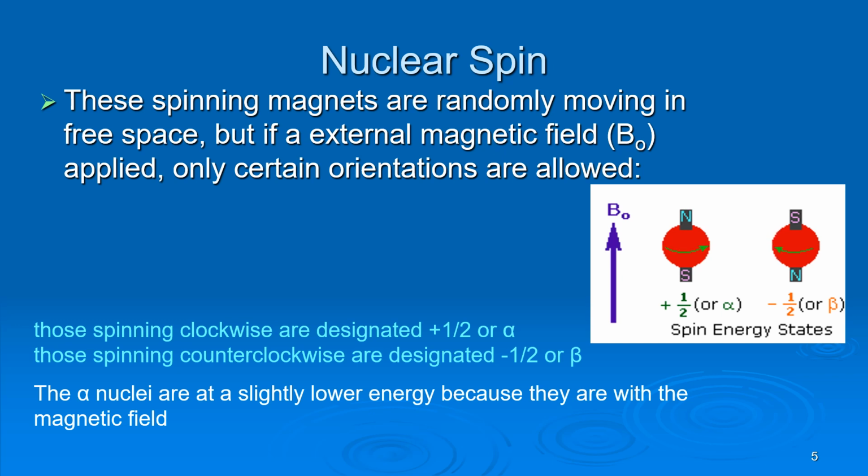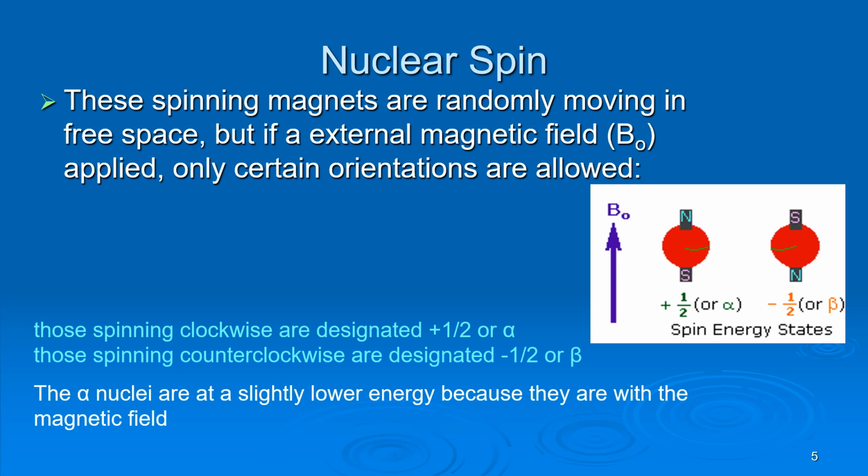So there's the alpha spin over here, which sometimes is called the positive 1/2 spin. And then there's the beta, which is negative. And notice that here's the magnetic field. And so what's happening is these are creating their own little magnets, because when a charged particle spins, it creates a magnet. And so that's why they line up with the magnetic field. So this one's counterclockwise and this one's clockwise, but it's not important. One will be the plus 1/2 or alpha spin, and one's the minus 1/2 or beta spin.